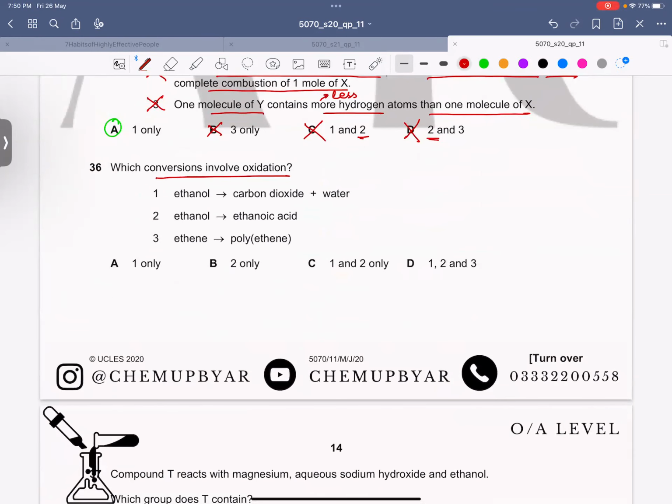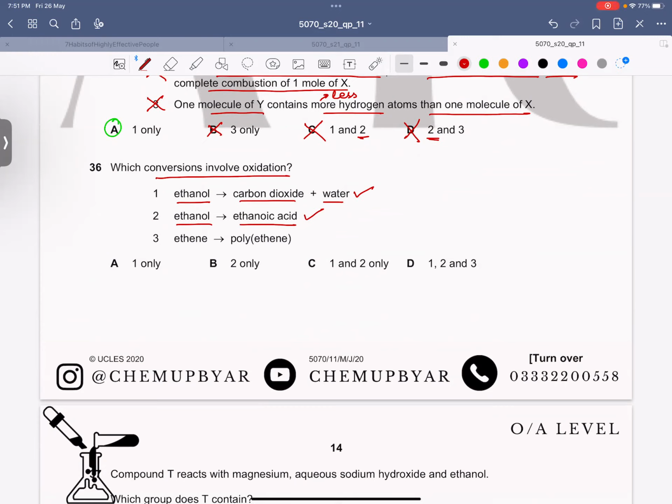Now question number 36. Which conversion involves oxidation? Ethanol turning into carbon dioxide and water is a combustion reaction, and combustion is always oxidation, so it is correct. Ethanol forming ethanoic acid is also oxidation, so the second statement is also correct.